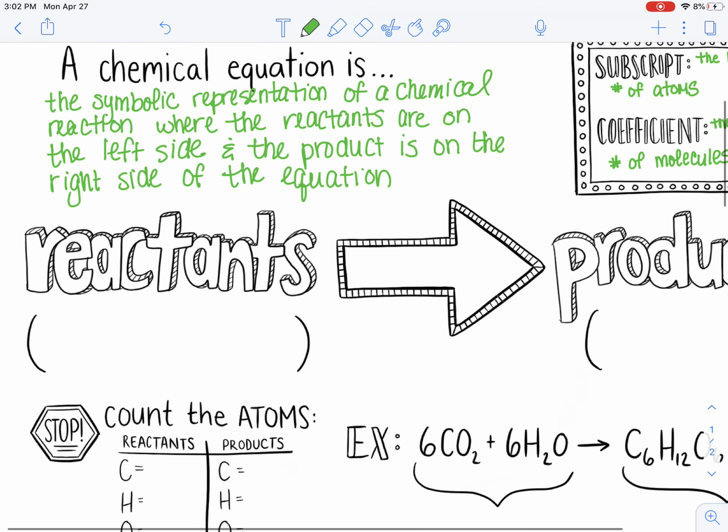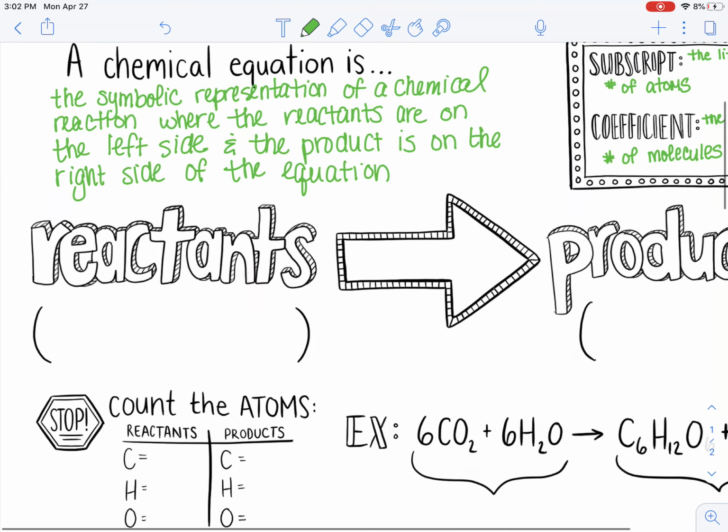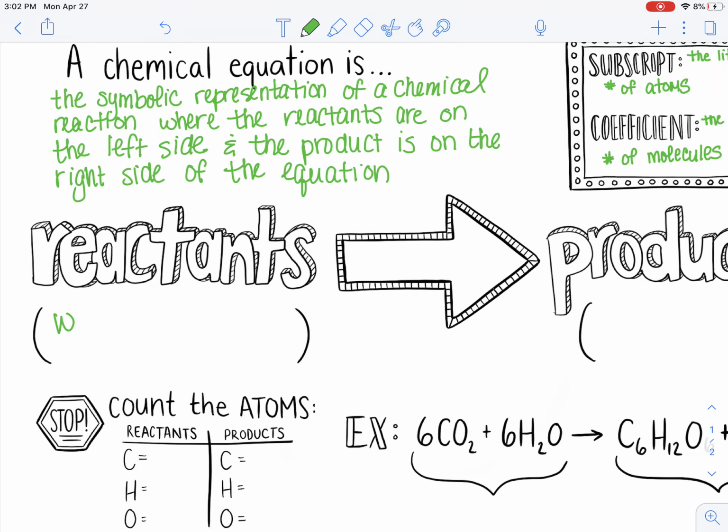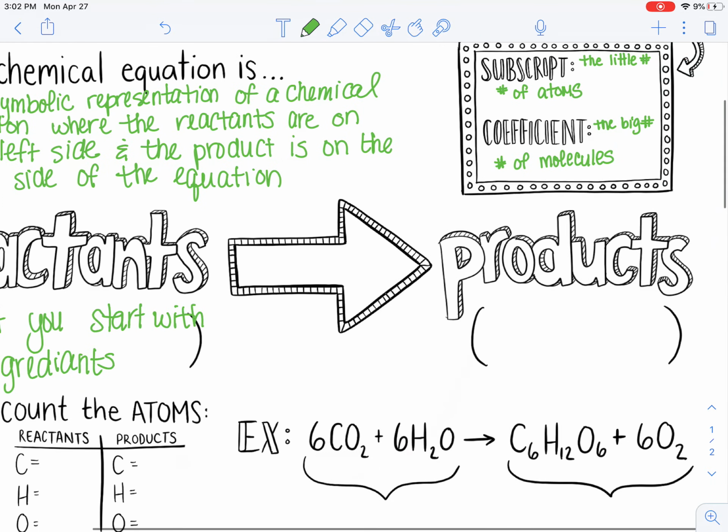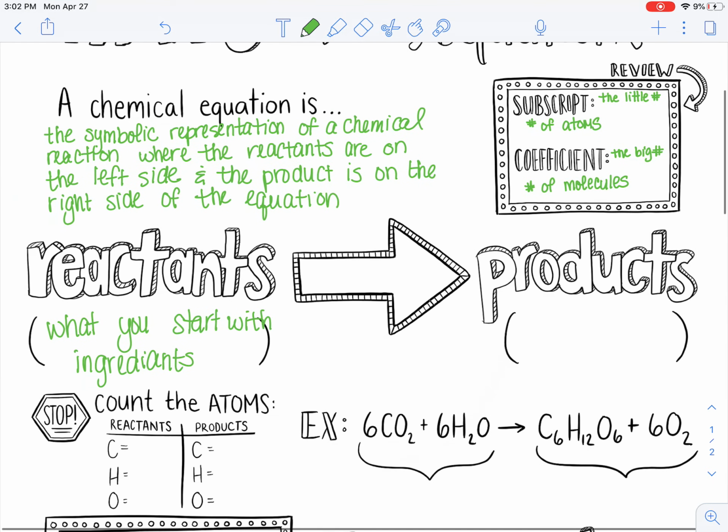Okay, so when we're talking about reactants, they are what you start with. And I like to think of it as your ingredients. And the products is what you make or what you end with.